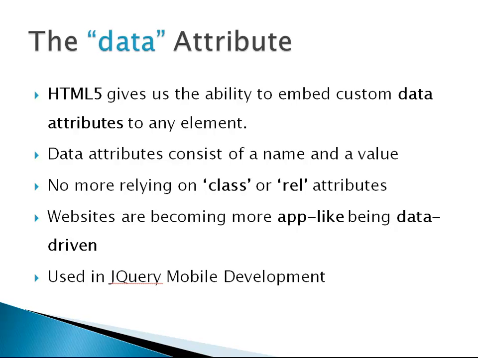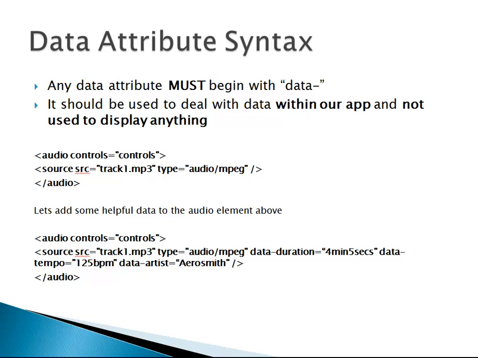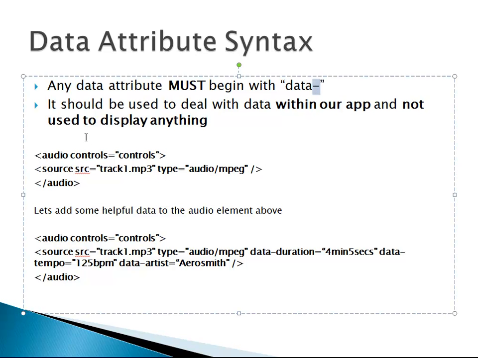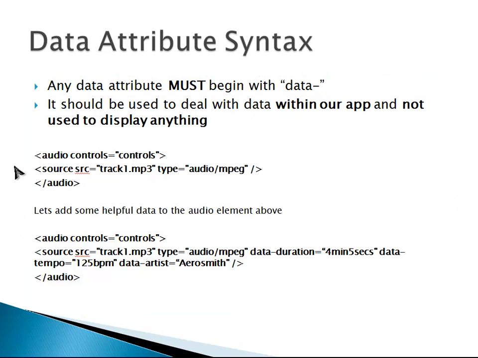Websites are becoming more app-like, and they're being data driven. And this is used a lot in jQuery Mobile development, which we'll be looking at. So here's the data attribute syntax. Any data attribute must begin with data and then a dash or a hyphen. It should be used to deal with data within our app and not used to display anything.